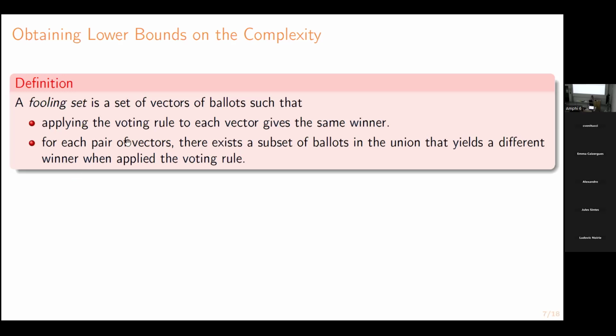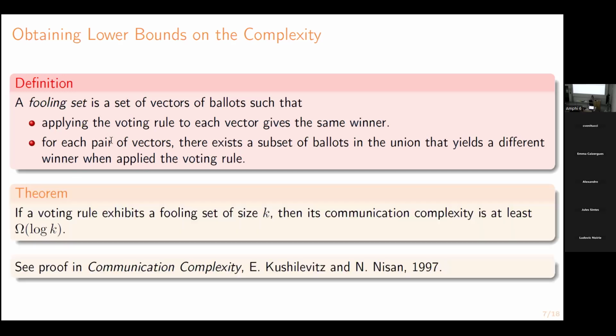This is a bit fuzzy, but with the example, I think it will be more clear. Then you have a theorem that says if a voting rule exhibits a pooling set of size k, then its communication complexity is at least omega of log k.